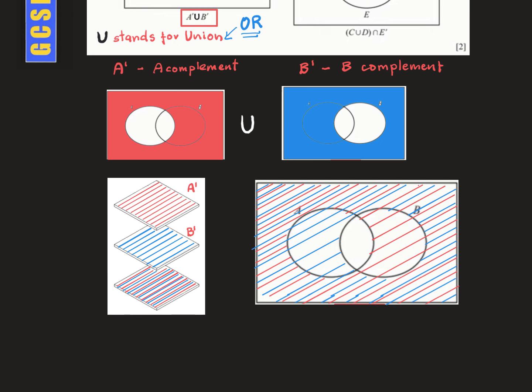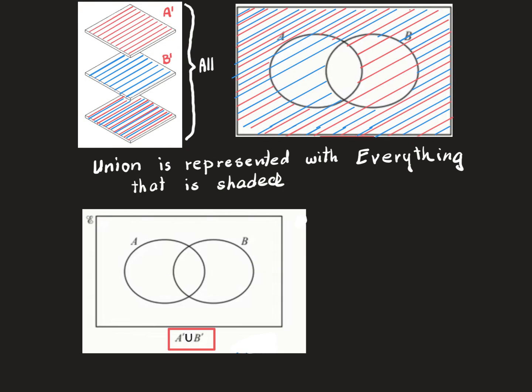What you notice is that everything is shaded except for this very, very center. Now don't get it wrong, because the union represents everything that is shaded. So this will be represented by the outside, the part of A and the part of B.